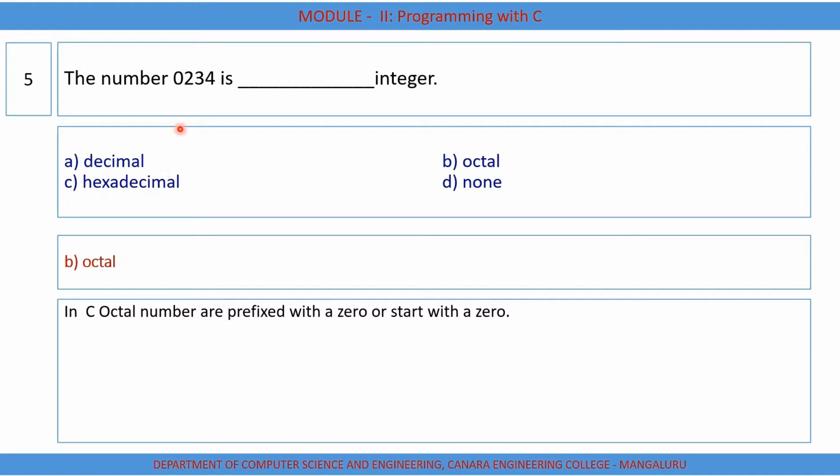If a number starts with 0x, then it's a hexadecimal integer. Octal number is represented by base 8 and can have a combination of digits from 0 to 7, and it is represented in C by prefixing it with 0. So that's why 0234 is an octal integer.